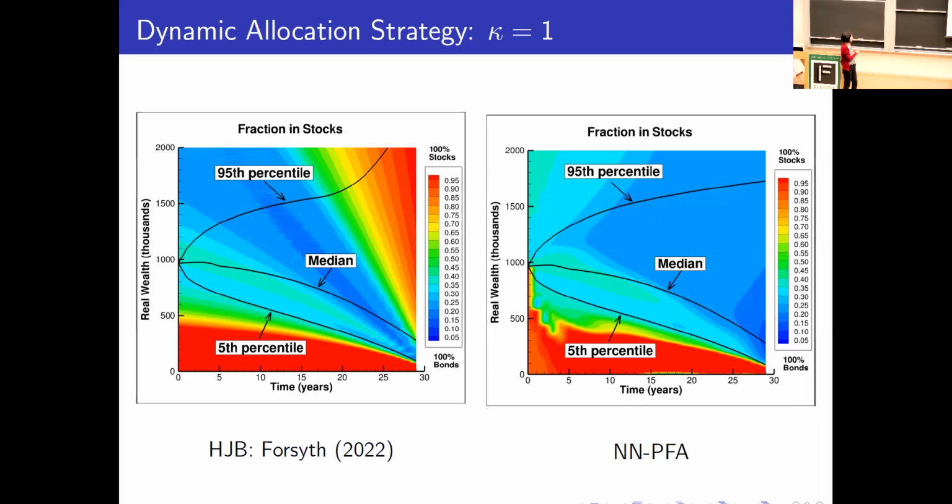On the left is from the HJB equation, and on the right is from the neural network solution. If you look at this, you might say they don't look quite the same, there's a lot more difference. How come, and why does the efficient frontier still match so well?